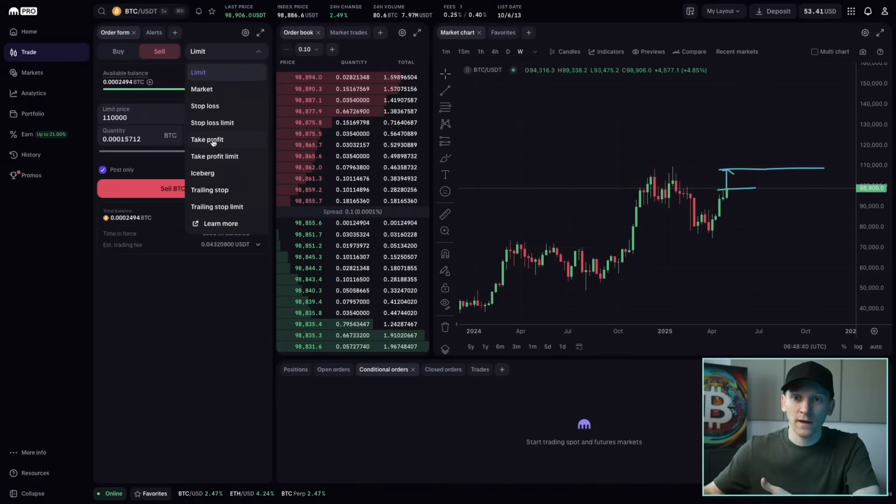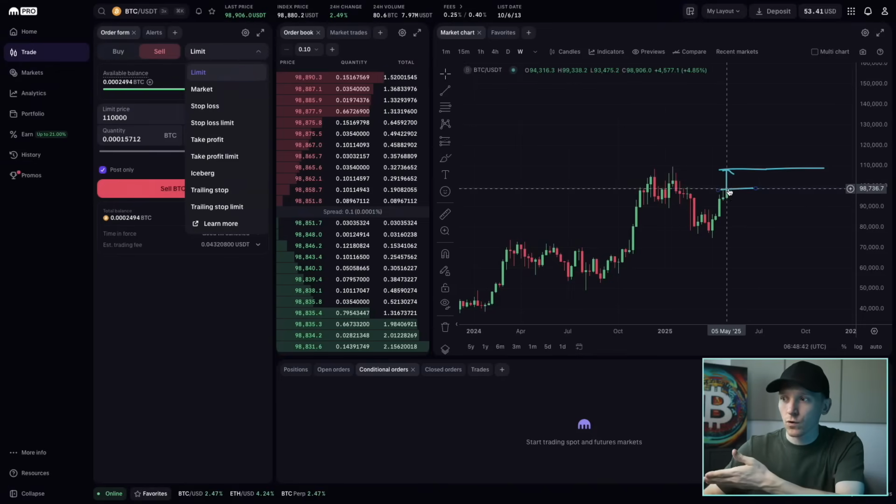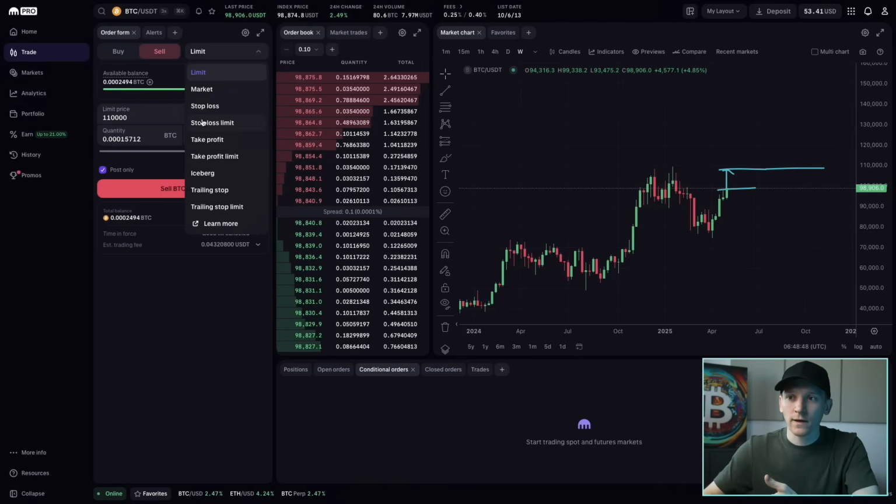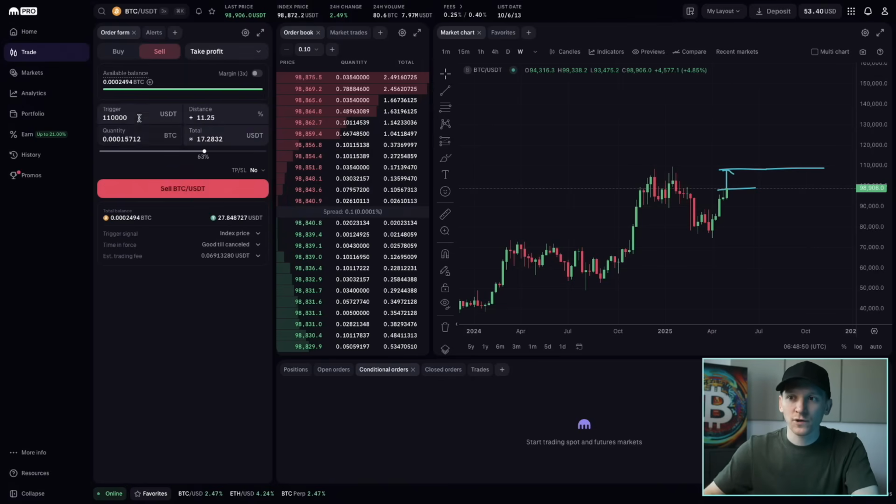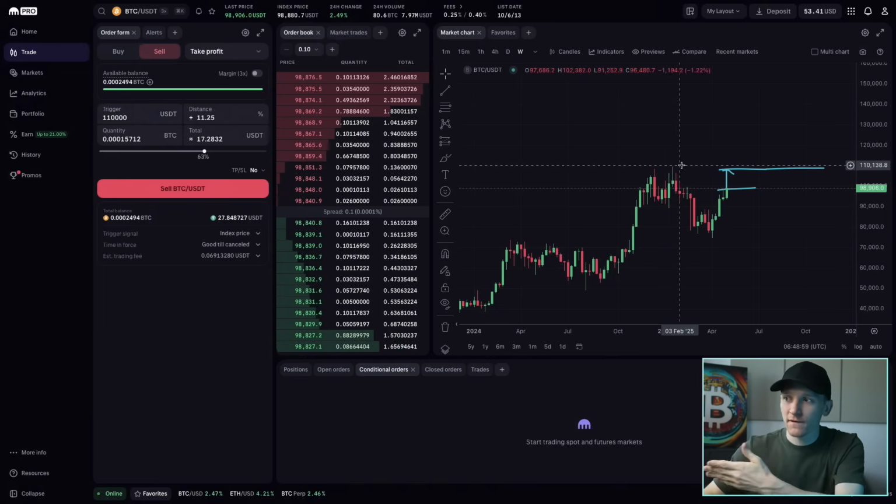We can also use this exact same order type to the upside as well to take profits. So if you've got your entry price at 98,000, you hope to sell at 108,000 or 110,000, you can put a take profit in like this, and you can see the trigger is the same. So let's say 110,000 is my trigger. It's going to wait until 110,000. That's the trigger that enters the sell order, and you can sell right here.